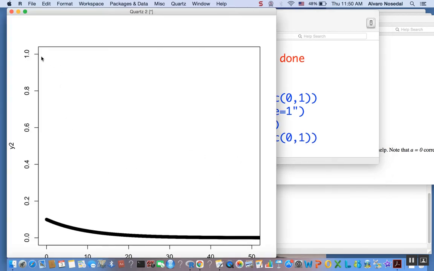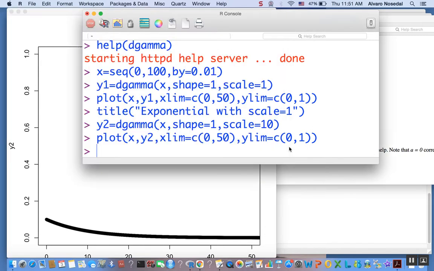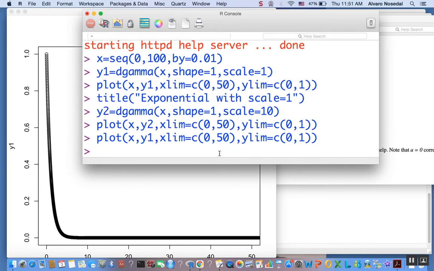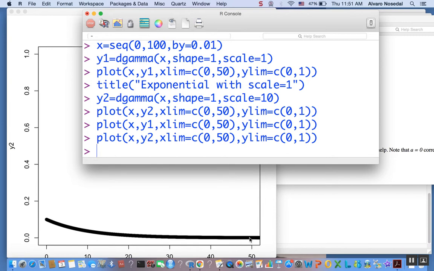Let's see what it looks like. Can you see that now this is flatter? Before we had something like this, and now we have something that looks like this. We can go back to the one we had before so you can see the difference: we went from this to something flatter. That would be an exponential with a scale parameter equal to 10.